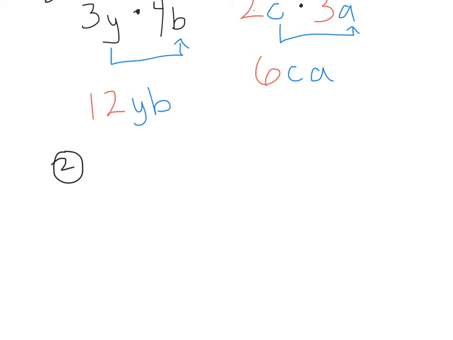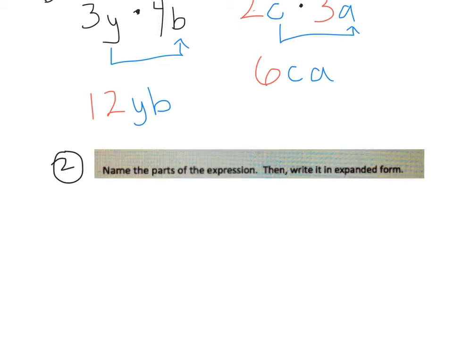So question 2, and I'll write this, better yet, I'll take a picture. It'll be quick. So there we go. We got the question right there, and it says name the parts of the expression, then write it in expanded form. And I'm just going to get an example expression. So we have 14.